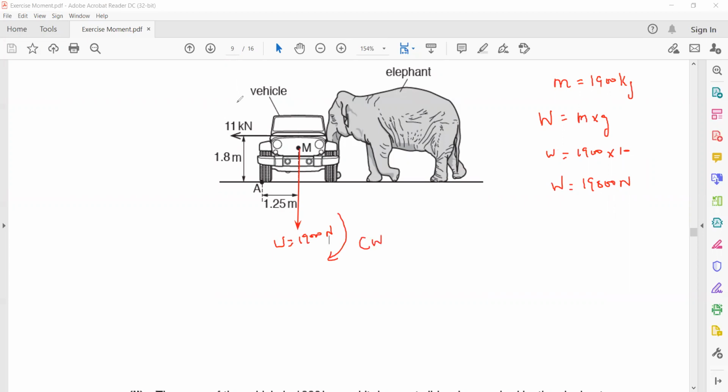Whereas the elephant is applying a force and it is trying to cause an anti-clockwise moment. So we'll calculate both of them. First, we'll calculate the anti-clockwise moment by the elephant.